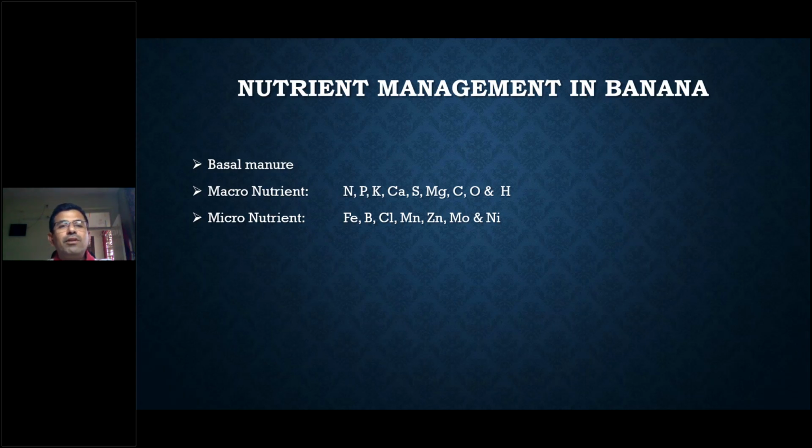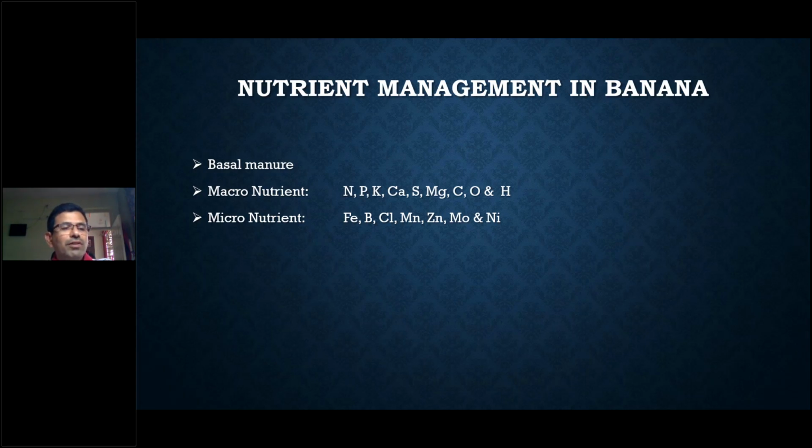Macronutrients are nitrogen, phosphorus, potash, calcium, sulfur, magnesium, oxygen, hydrogen. Then micronutrients are iron, boron, chloride, manganese, zinc, molybdenum, and nickel. These are the 16 elements required for the plant's growth.